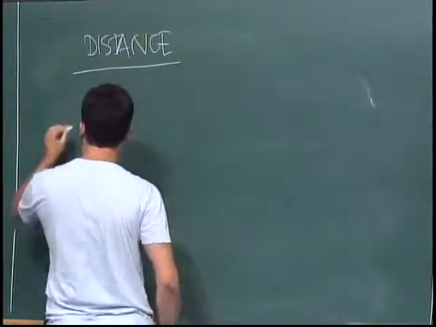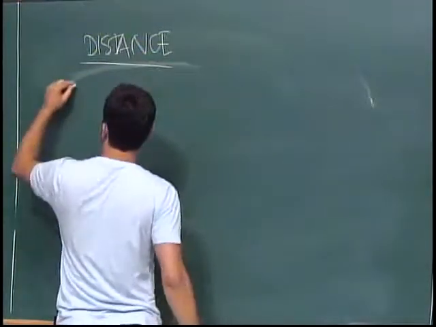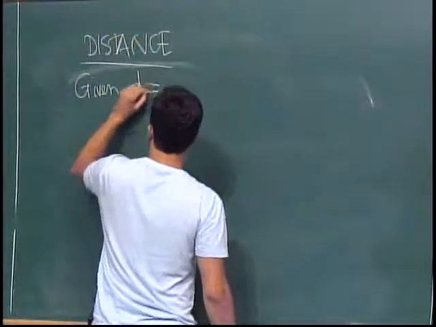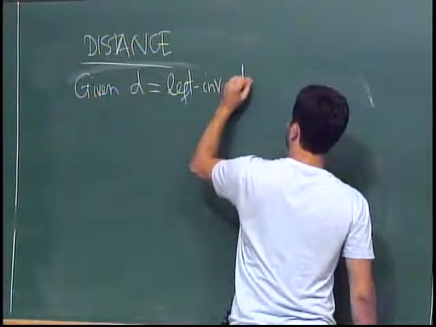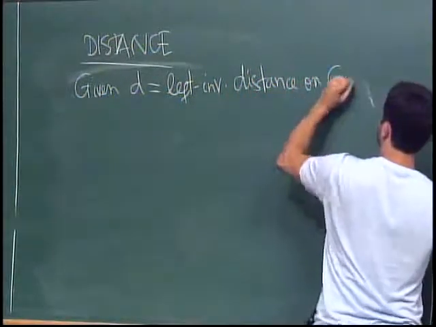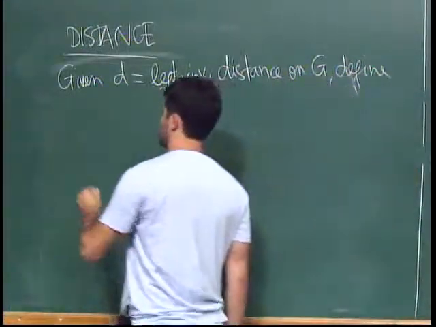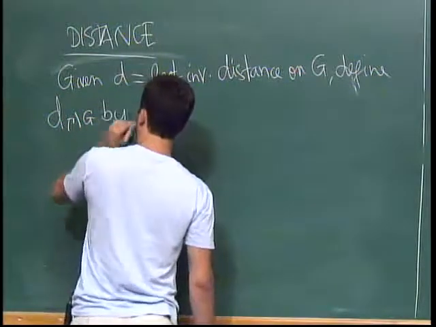It is a little bit annoying to check that it is actually a distance. So, given d, the left invariant distance on G, define a distance on the quotient in the following way.